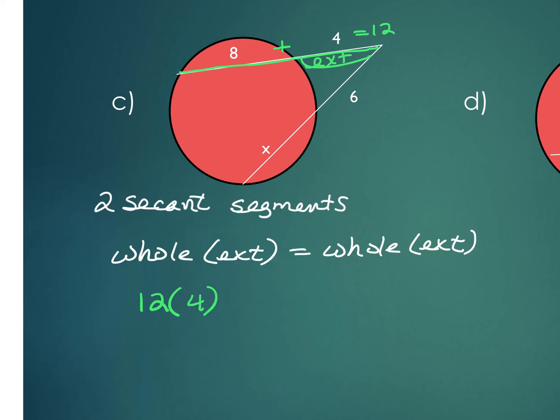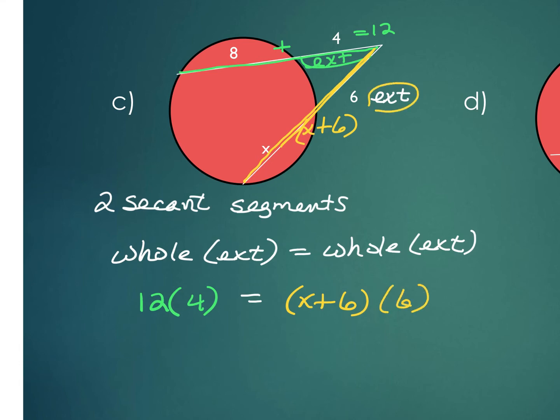And then my next secant segment is over here. I can find its whole length by adding x plus 6, and I'm going to leave it like that. Then I'm going to multiply it by its external piece, which is the 6. I need to multiply and distribute.